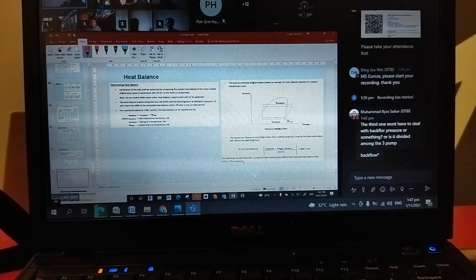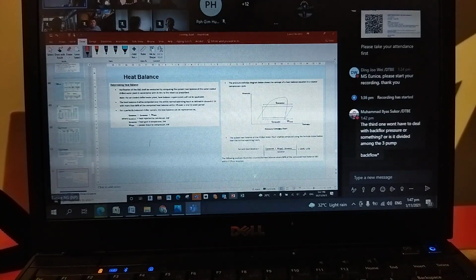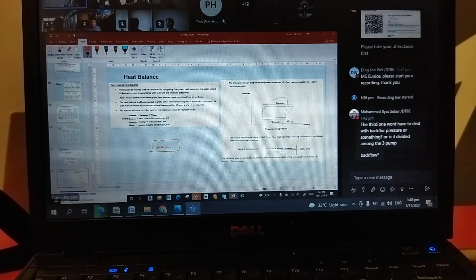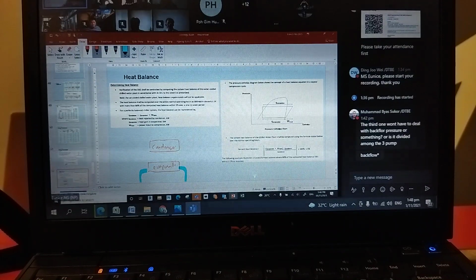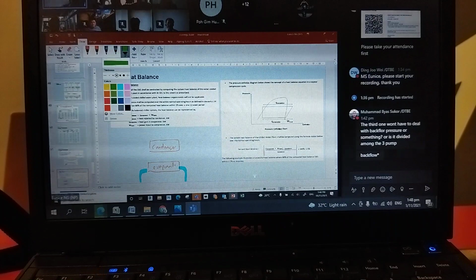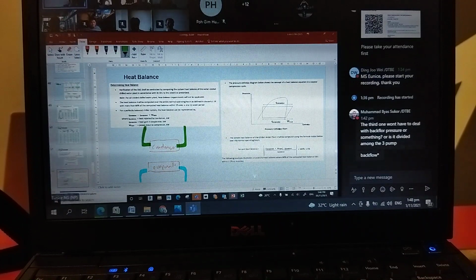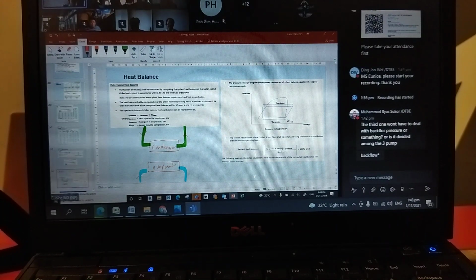If I have a chiller here like this, this is the condenser side and this is the evaporator side. The evaporator takes in the chilled water, and the condenser brings the heat to the cooling tower.